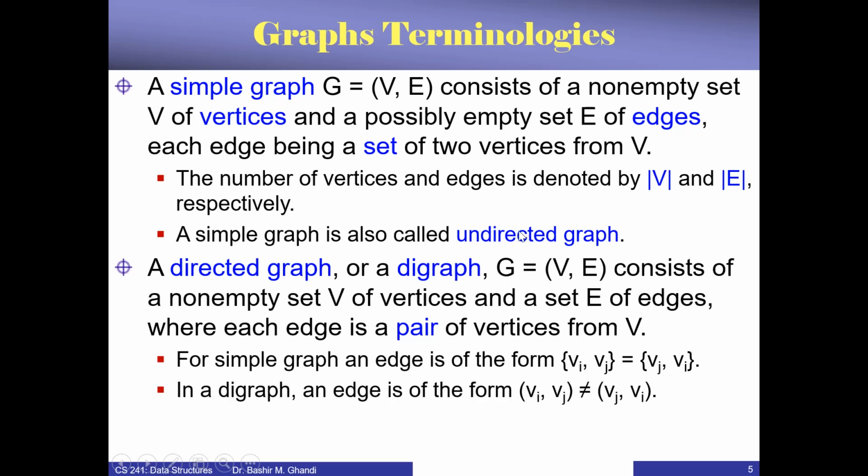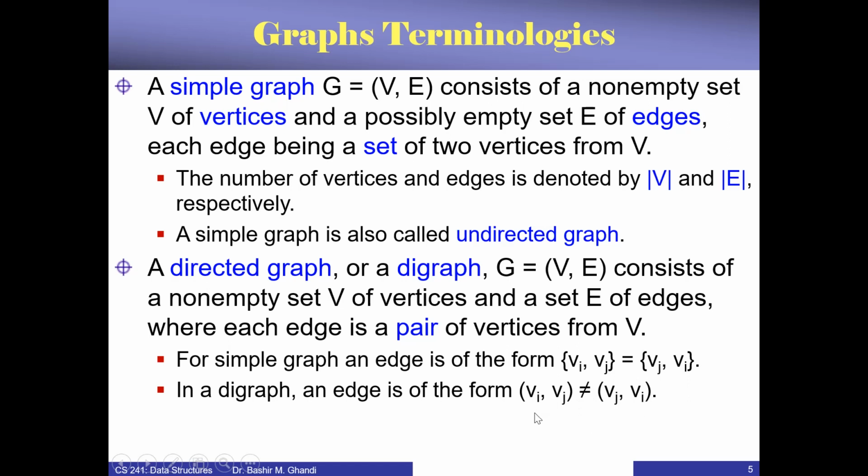On the other hand, in a digraph, the edge is considered to form a pair. When we say a pair, the order is important. We must have Vi first before Vj, which is not necessarily the same as Vj, Vi.